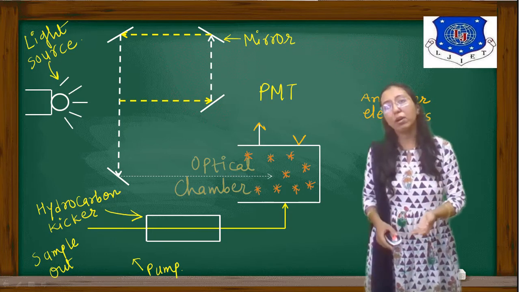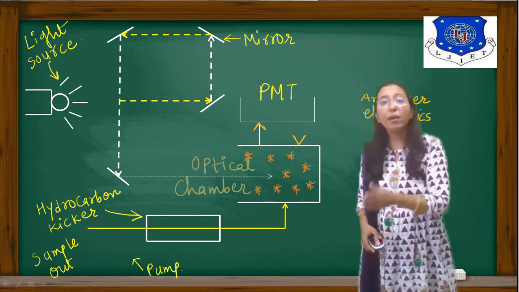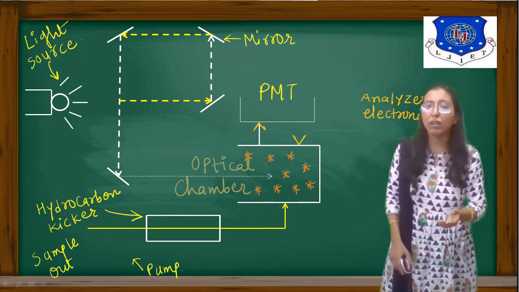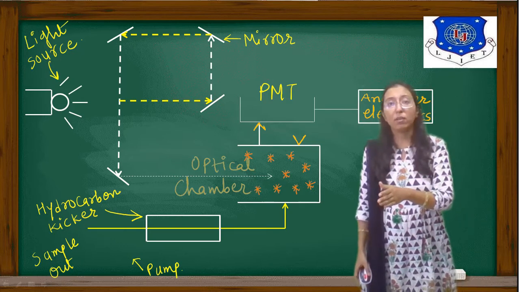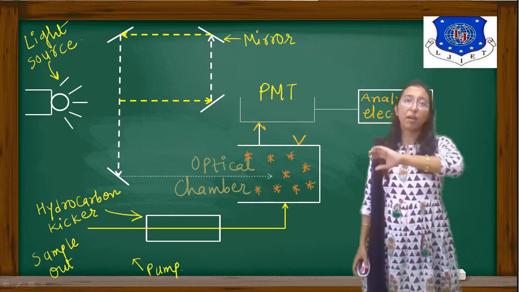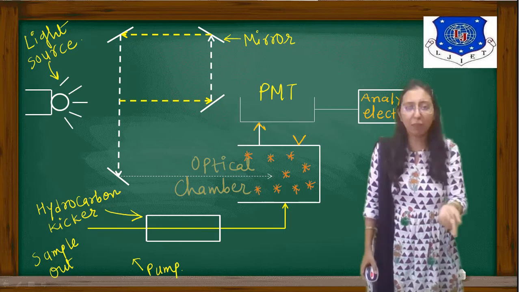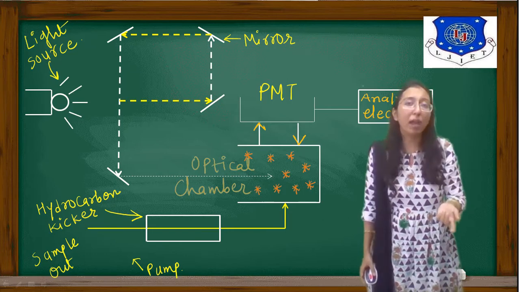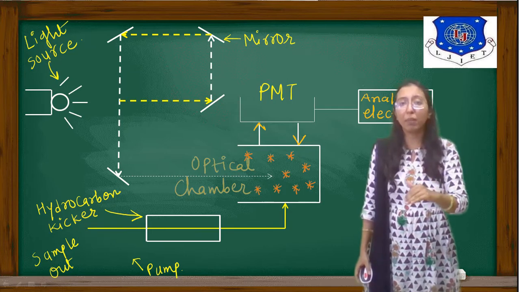From the optical chamber, the signal goes through the photomultiplier tube, and then to the analyzer electronics. From the analyzer electronics a return goes to the photomultiplier tube, and from the photomultiplier tube to the optical chamber.